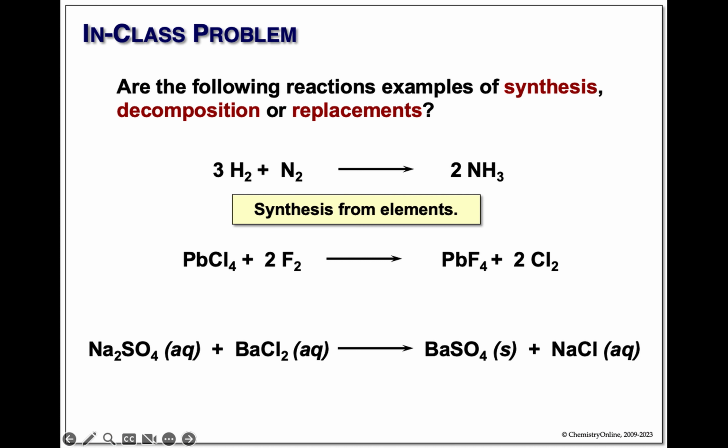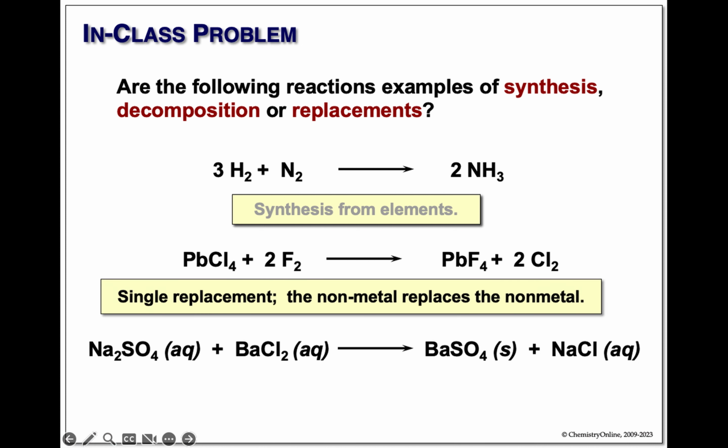This will also be a redox reaction. We'll talk about that when we do redox. Lead(IV) chloride with fluorine is lead(IV) fluoride and chlorine. The nonmetal has replaced the nonmetal. This is a single replacement reaction.